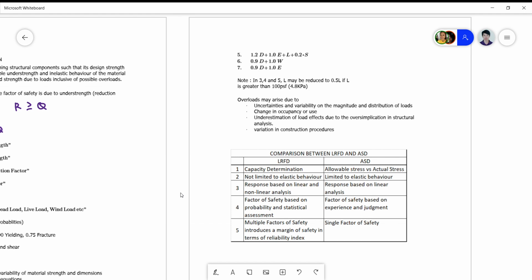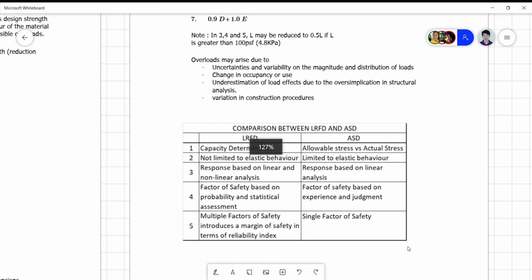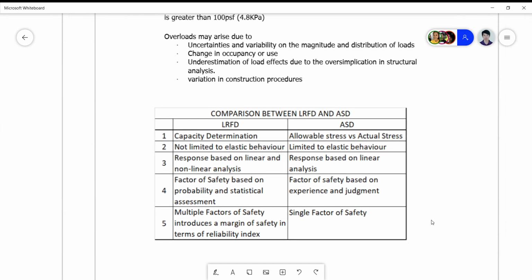So in comparison, LRFD and ASD may be compared in terms of this, no? So capacity determination is actually the objective of the LRFD, while allowable stress computation versus actual stress is the premise of your ASD.